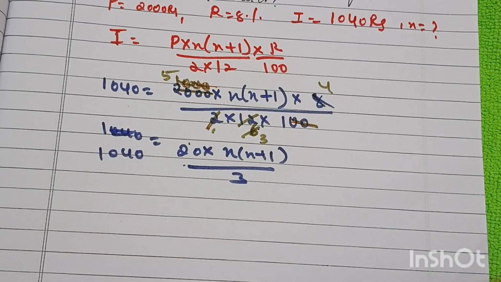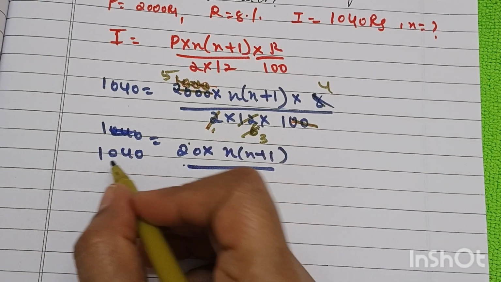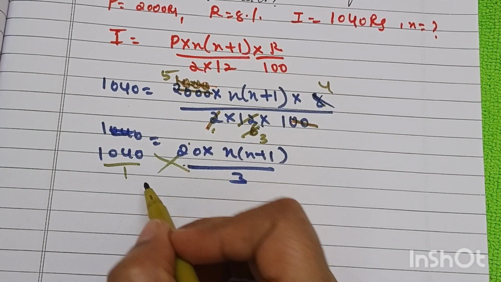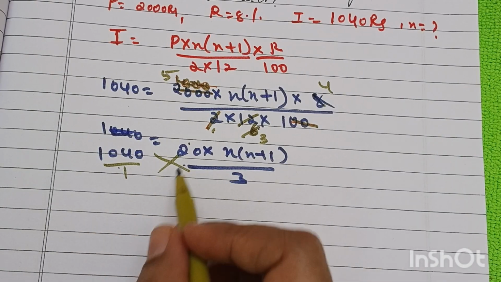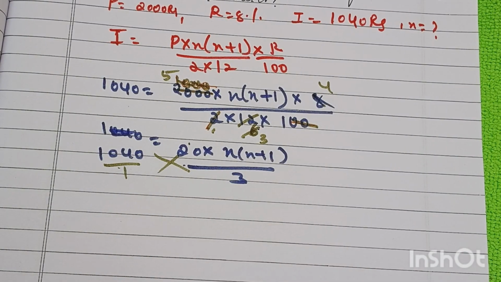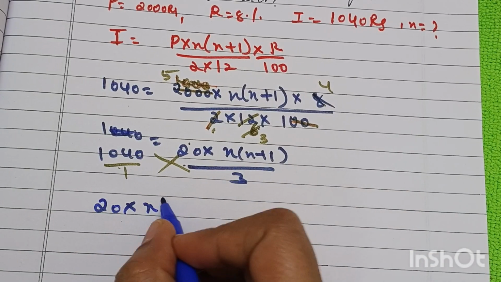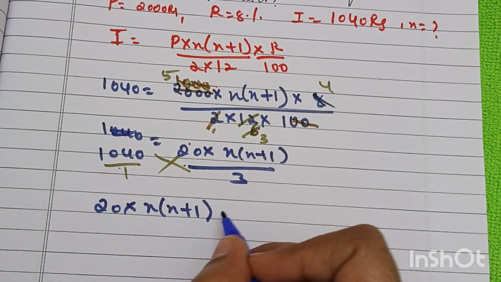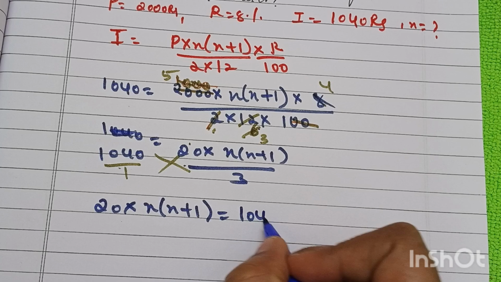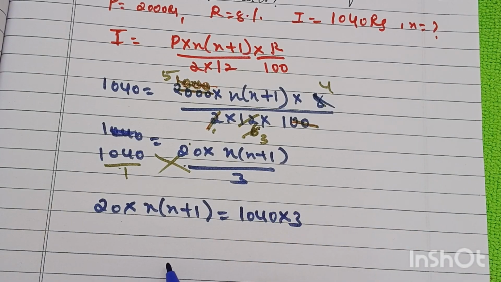It means here there is no number, so we can take it as a fraction by 1. Then cross multiply: 1040 into 3. So 20 into n plus 1 equals 1040 into 3.